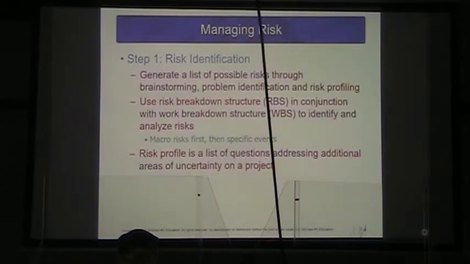We may have a guideline in that we already have a set of risks we have identified for every project for our organization. But we should get our team together and say, all right, what are some risks that we might have?